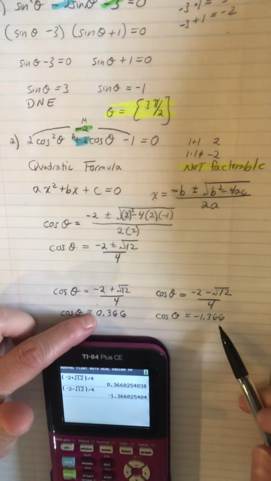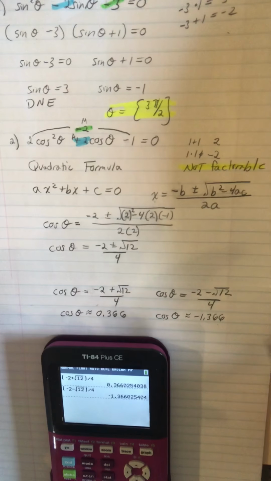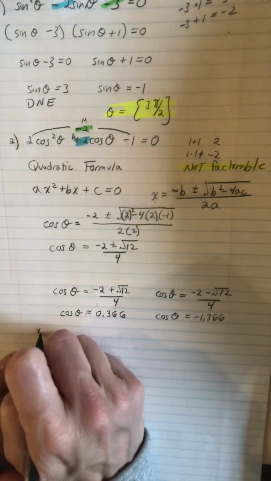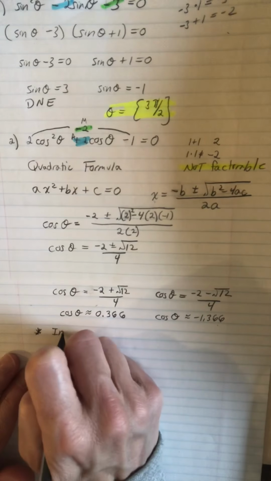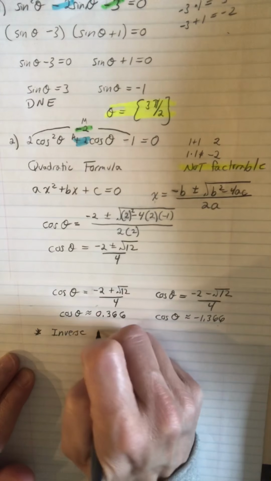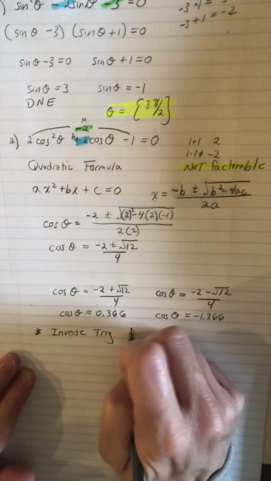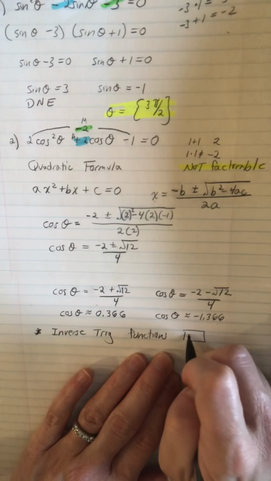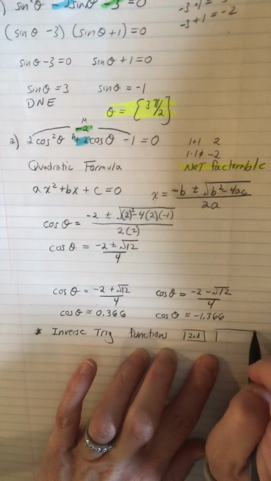Now what we're going to do here is find our value of theta. I'm not going to find these two values on my unit circle. I'm going to actually use the inverse trig functions on my calculator. So remember, inverse trig functions. How do we use them? We do second and then the trig function.